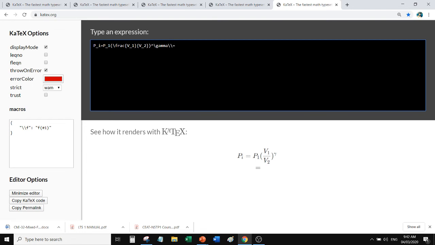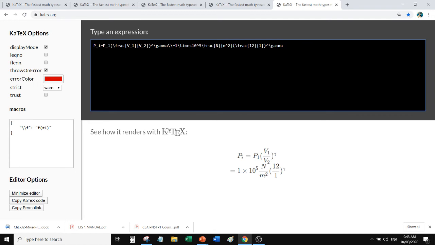P1 is 1 bar, so that's 1 times 10 to the 5 Newton per meter squared. V1 over V2, that is 12 over 1, raised to gamma.